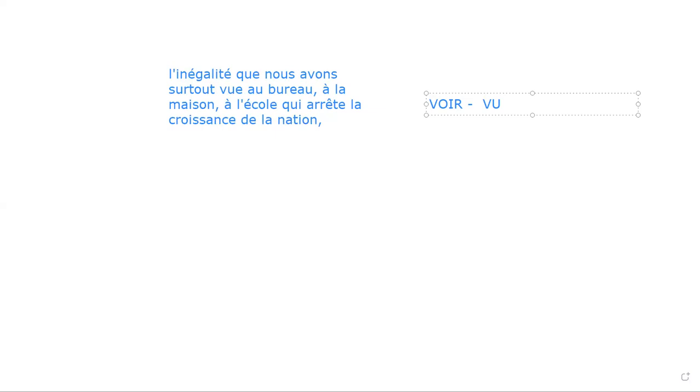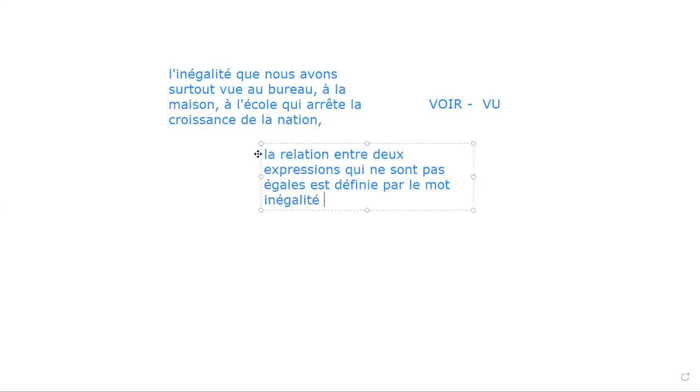La relation, répétez après moi, la relation entre deux expressions qui ne sont pas égales, which are not equal, est définie par le mot inégalité, defined by the word inequality. Is it clear to you, my team? Répétez après moi. La relation entre deux expressions qui ne sont pas égales est définie par le mot inégalité.